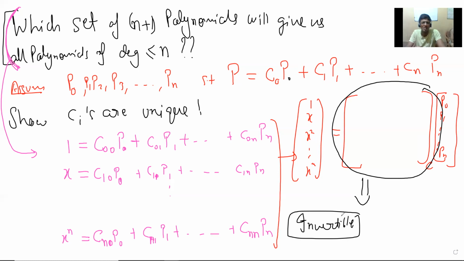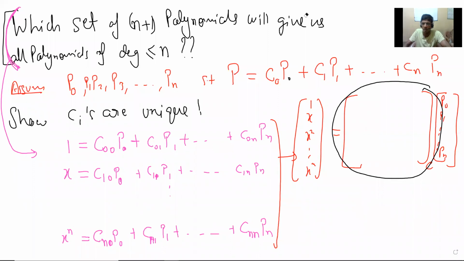So if this matrix C is invertible, then let's look at C inverse.